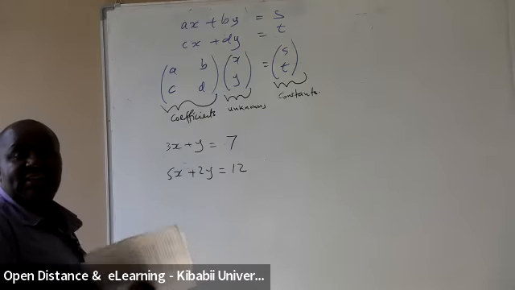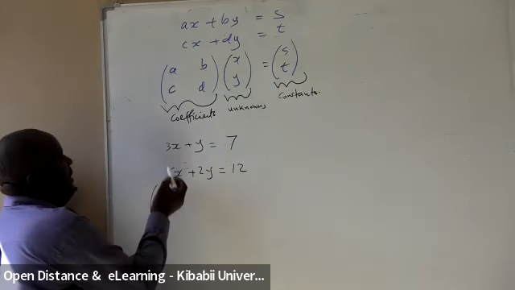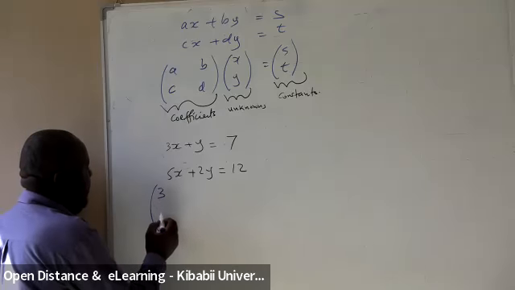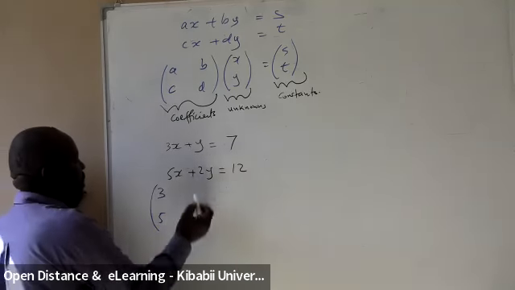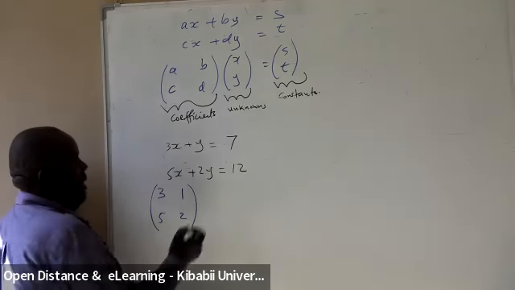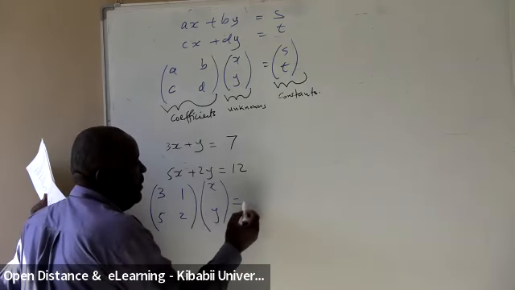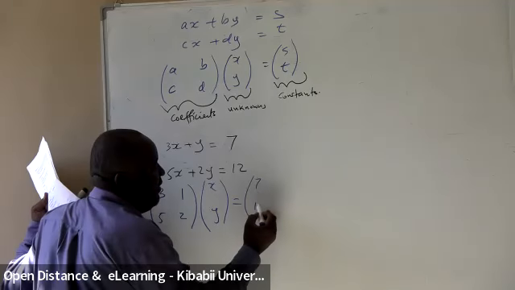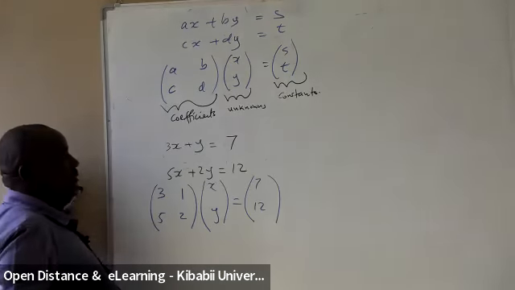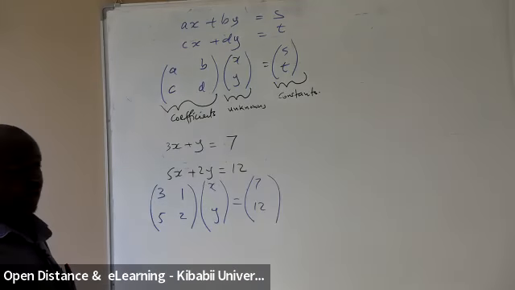So let us extract the matrix equation. That's the matrix of coefficients. The coefficients for x are 3, 5. The coefficients of y are 1, 2. The unknowns x and y are in column form, and the constants are 7 and 12.